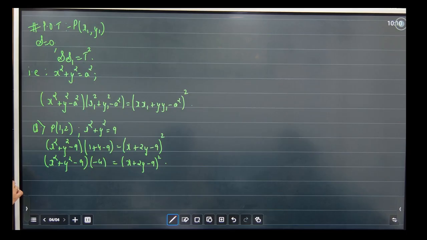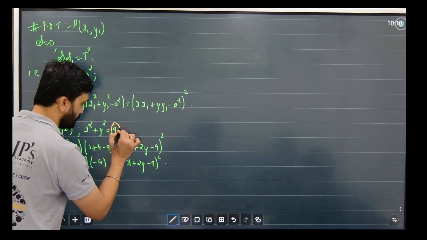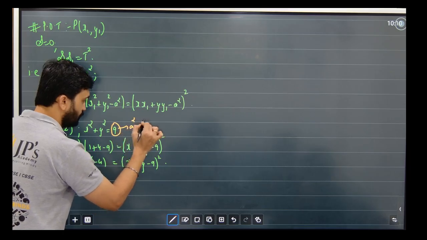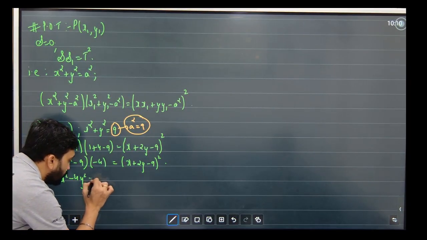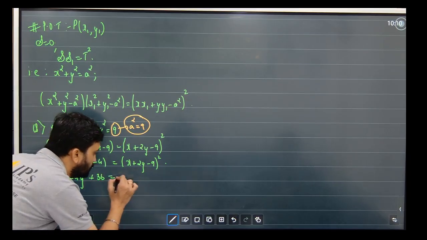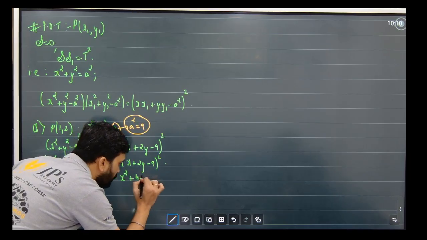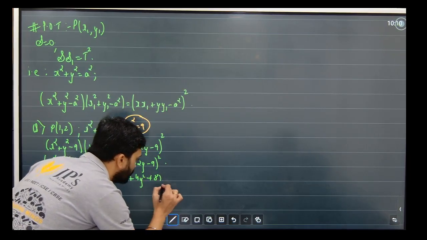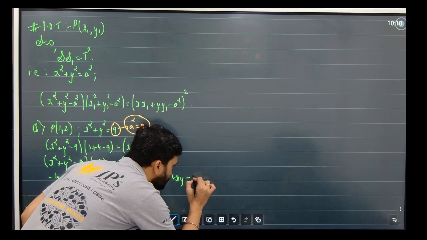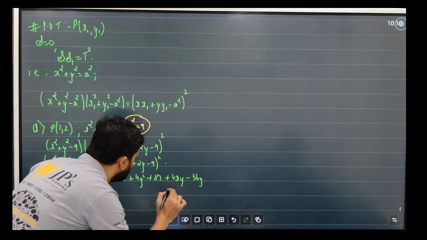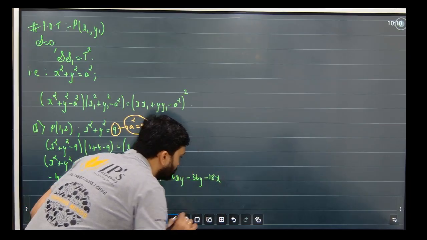Here a square is equal to 9. This becomes minus 4x square minus 4y square plus 36, and you can expand the right side, x square plus 4y square plus 81 plus 4xy minus 36y minus 18x.